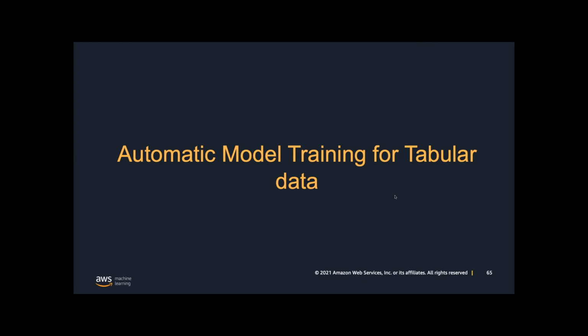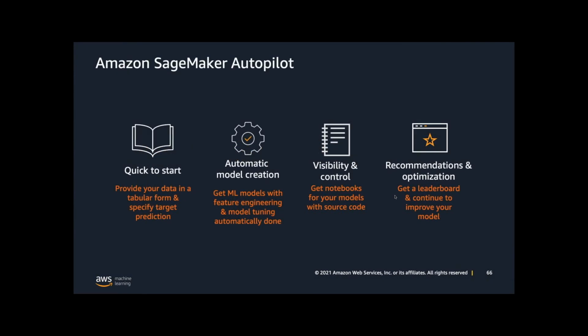And speaking about ways to improve the experience, I just wanted to talk about SageMaker Autopilot. Also, this is not new, but it's worth mentioning that we usually find customers asking over and over how to speed up the process of building classification and regression models on structured data.